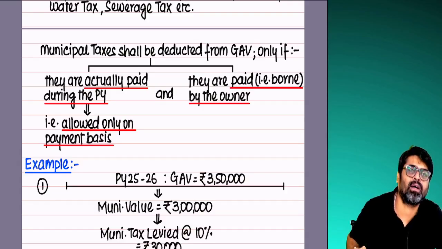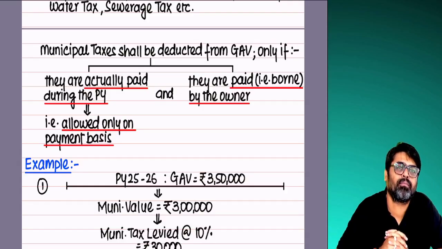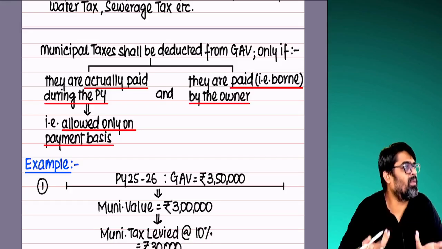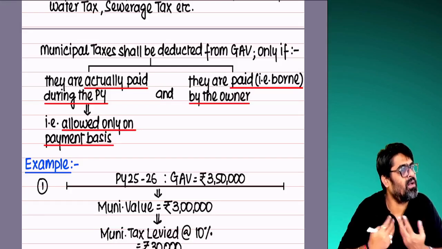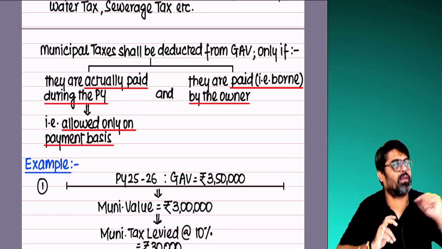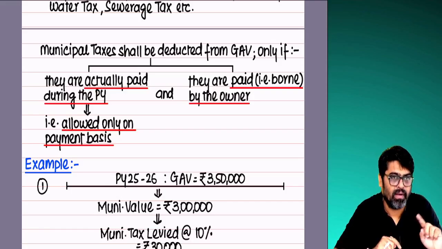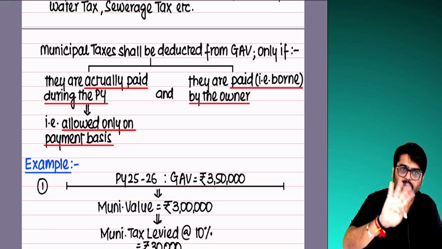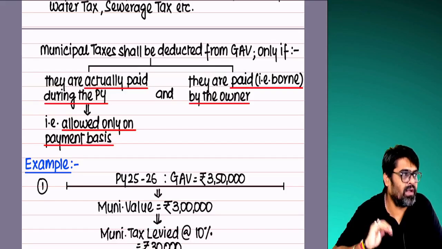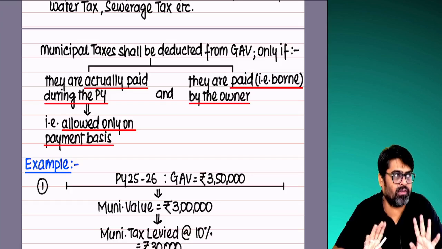Hello sir. What if I am paying but not recovering from my tenant? Borne by me only, it will be allowed as a deduction. What if the tenant is paying and I am not reimbursing? Hello? My tenant is paying and I am not reimbursing him. Will it be allowed or not allowed? So I am giving you 4 cases.